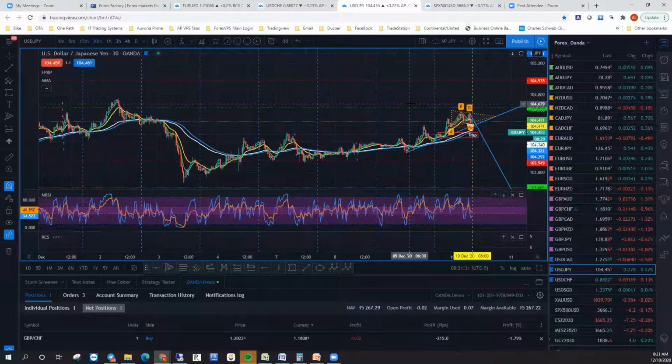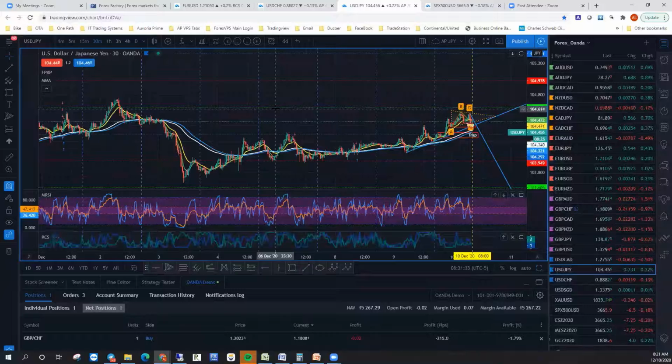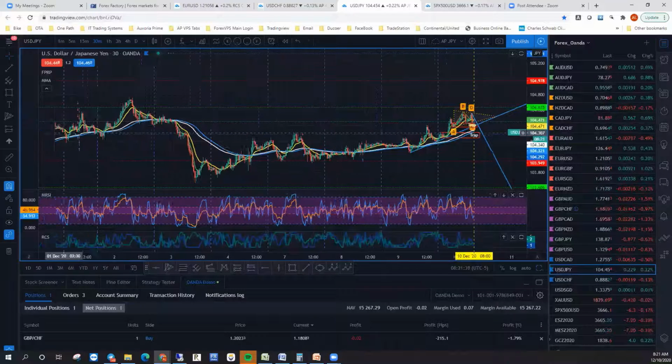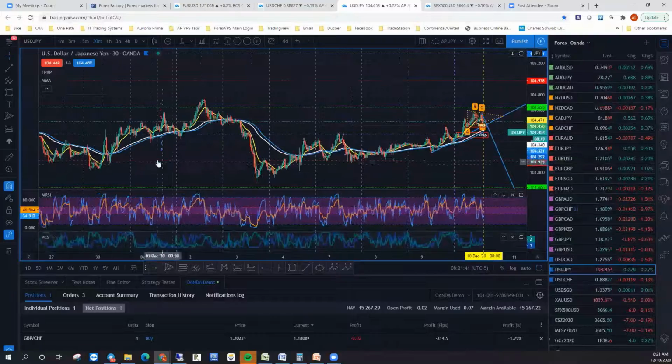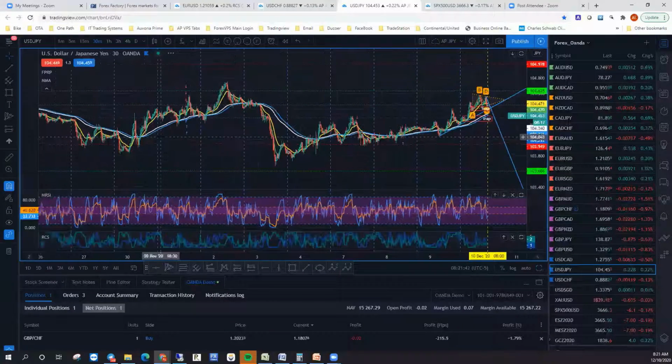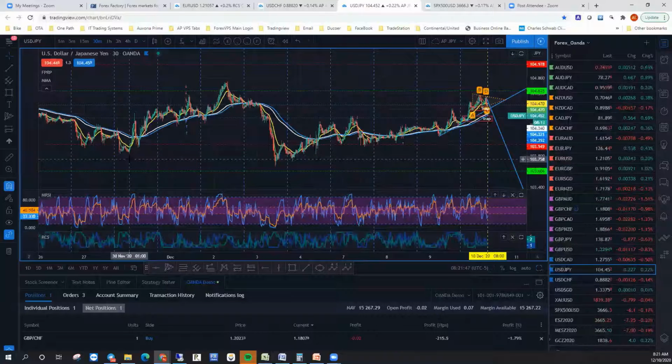This top, that D, is the 4th hit on one of my trend lines from way back here. And the bottom starts from where that moving average crosses over.